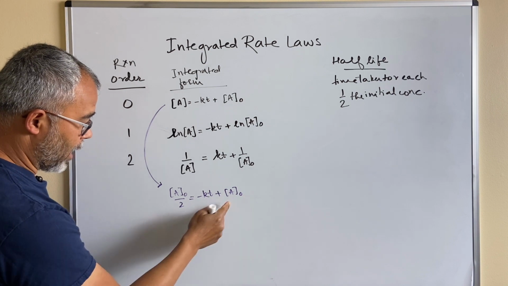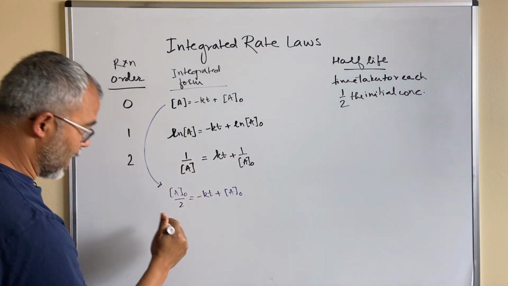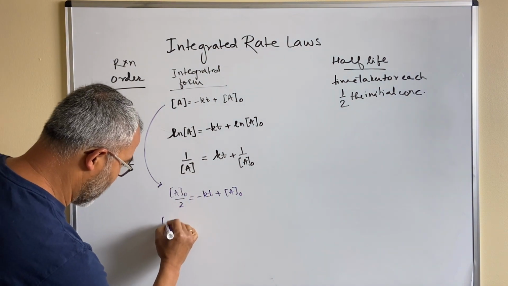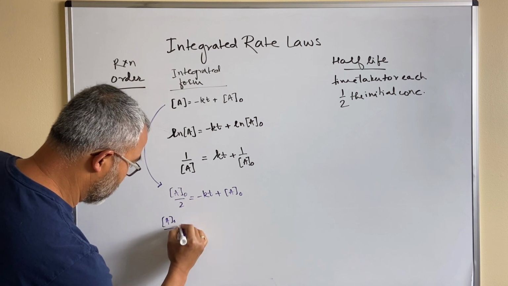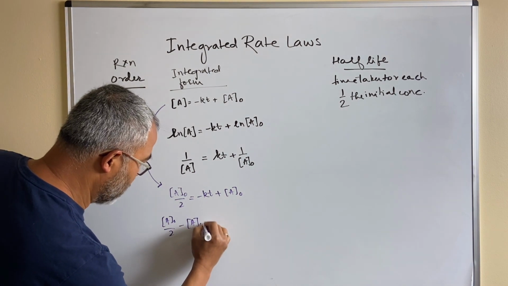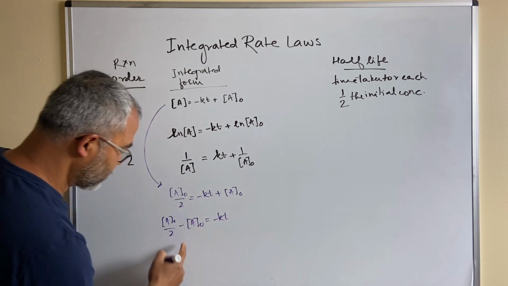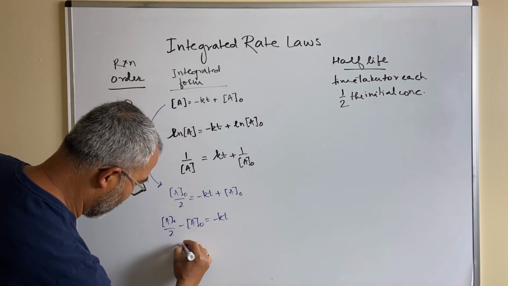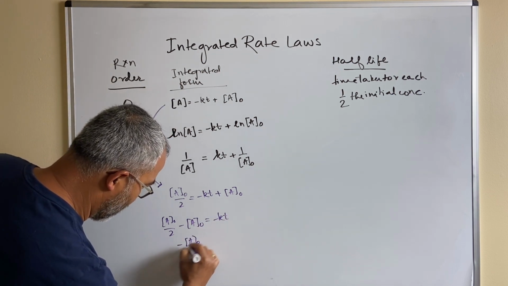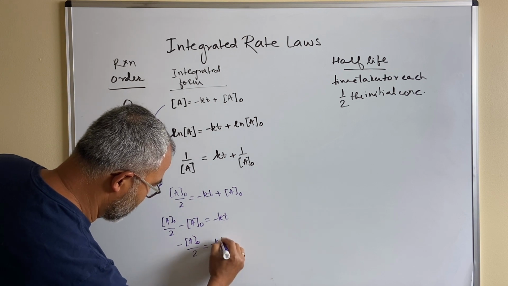So if I bring this [A]₀ over to the left to combine the [A]₀ terms, I get [A]₀ over 2 minus [A]₀ is equal to minus kt. That becomes minus [A]₀ over 2 is equal to minus kt.